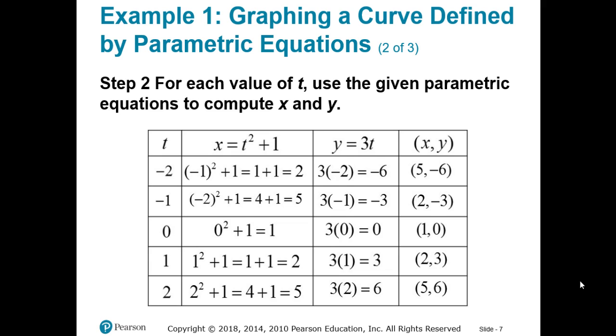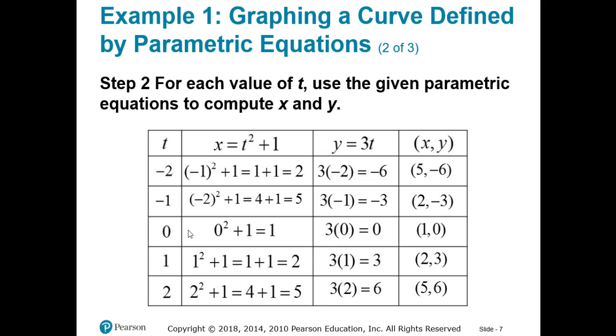Now, step 2. For each value of t, use the given parametric equations to compute x and y. In the first column, we have the t, all the values that we said before. On column 2, we have the formula for x, on column 3, we have the formula for y, and on column 4, we have the values of x and y. For example, we can use t equals 1.